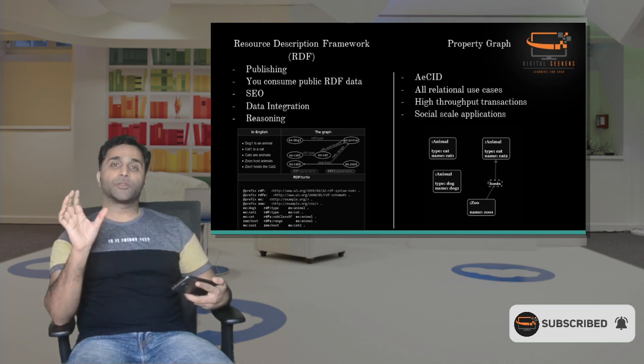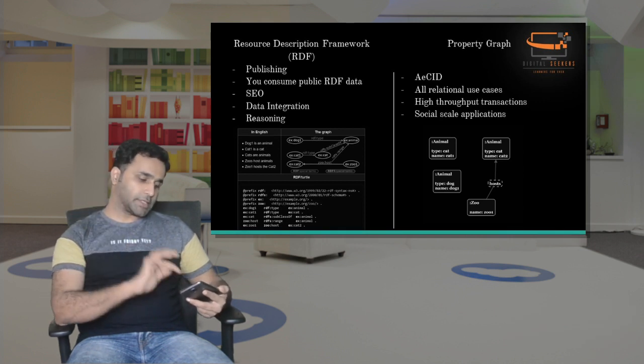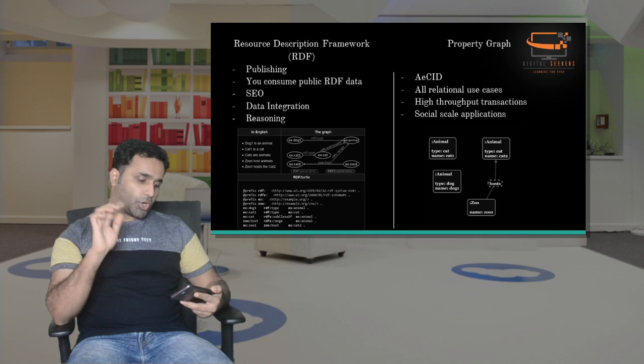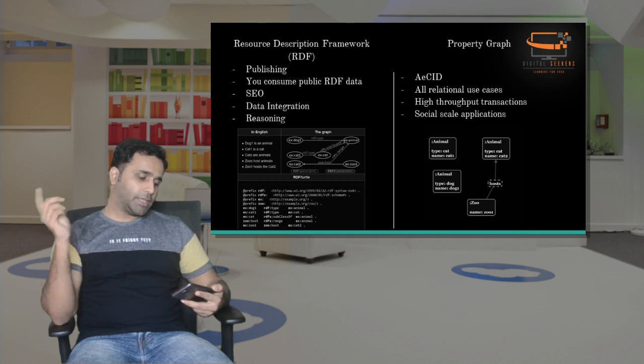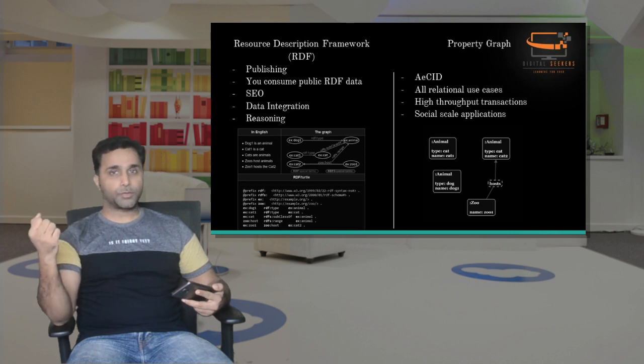To represent this information in an RDF store, we need many triples, like dog 1 type animal, cat 1 type cat, cat subclass of animal, zoo hosts animals, zoo 1 hosts cat 2.